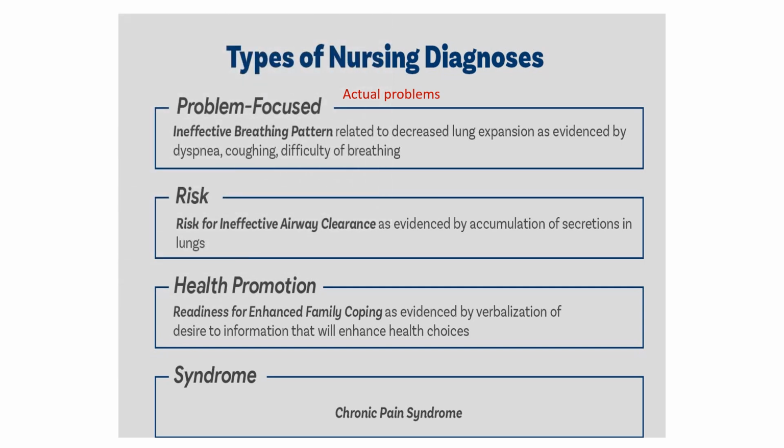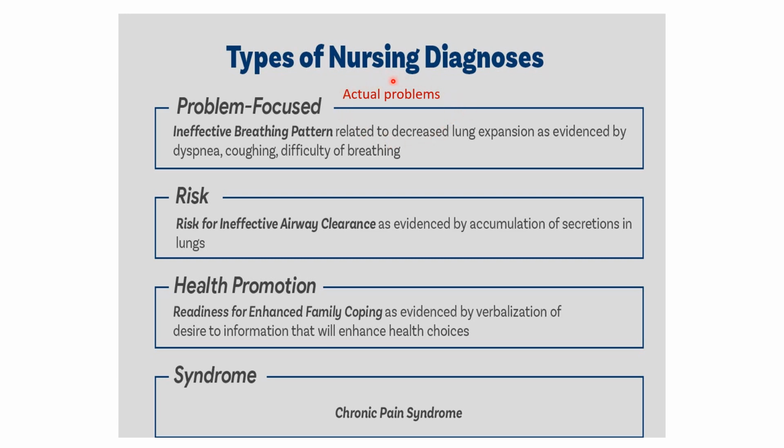I want us to look at the types of nursing diagnosis. We have problem-focused diagnosis. This problem-focused diagnosis at times is referred to as actual problems. Many times in an exam, they always ask for actual problems.